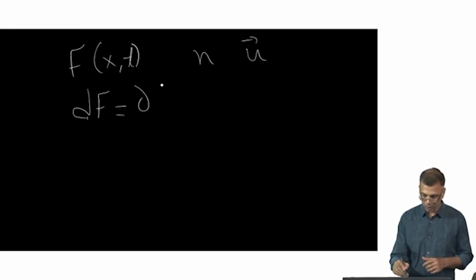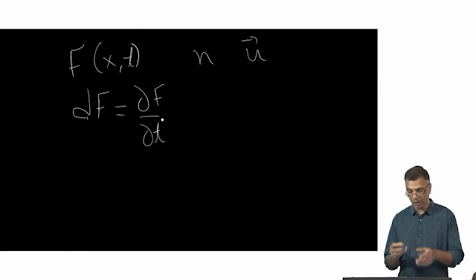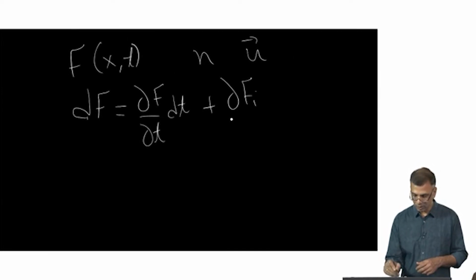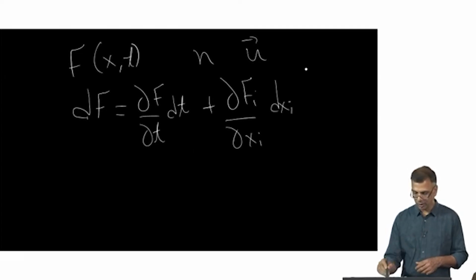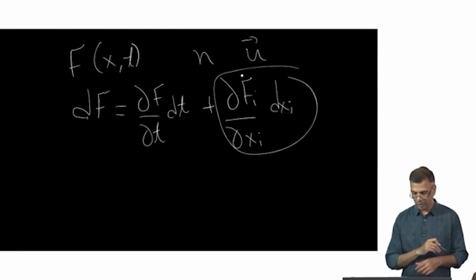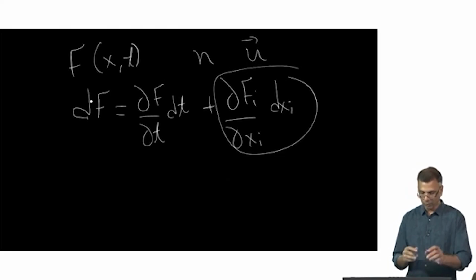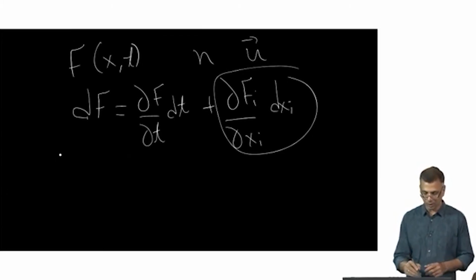Well, it would be a true temporal change in f as discerned by the lab frame observer, times, of course, dt, plus a change in f which is due to the fluid motion. And that's what's expressed by this. You divide all this by dt, to get the rate of change of f with respect to time as discerned by the Lagrangian observer.